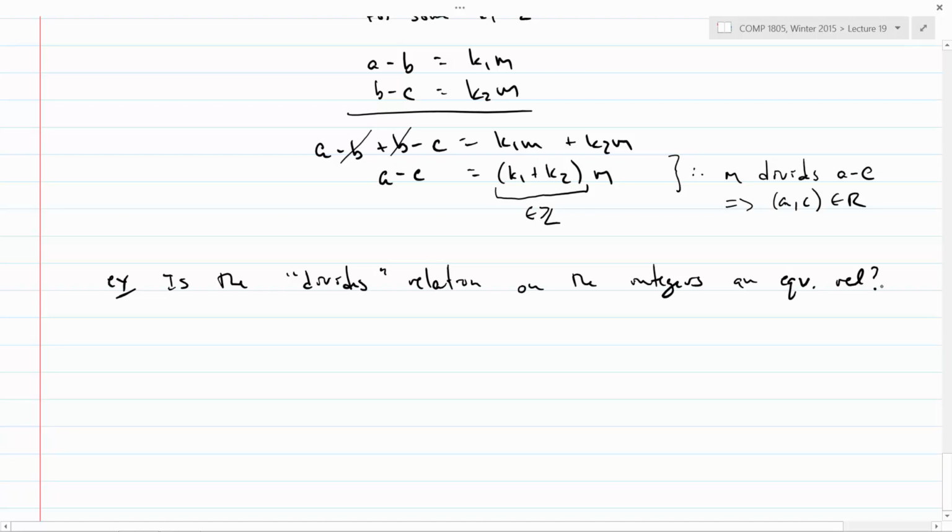Remember, that's the pairs A, B such that A divides B. All right, so first we check, is it reflexive? So is this relation reflexive? That's the same as asking, does a number divide itself? Yeah, it does, right? A divides A, because the answer is 1.